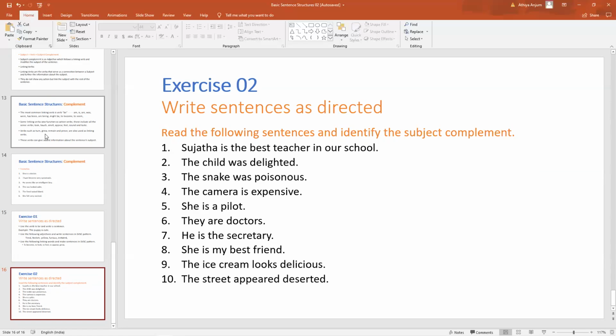Then the next one, SVSC, subject verb and subject complement: how to identify the subject complement, and how to write it using the linking verb. What does it do? It tells you more about the subject.